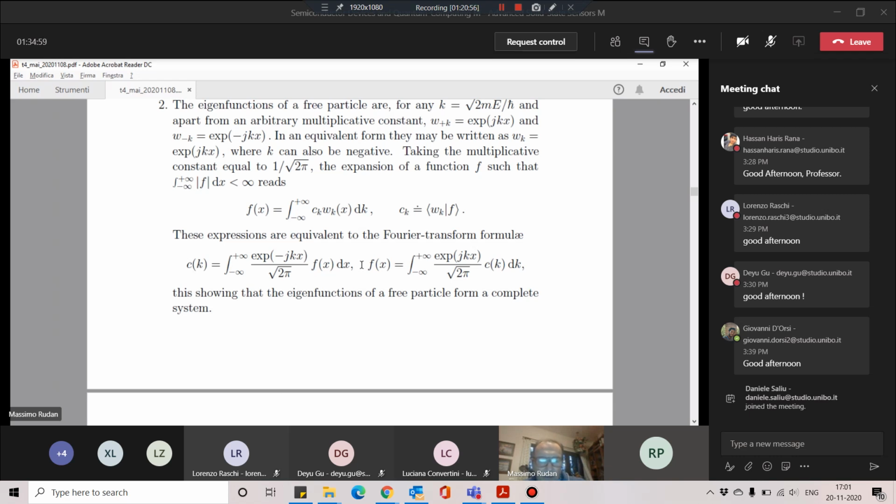So again, we don't have the sum anymore, we have an integral, but that is another example of completeness of a set of functions, and these functions are the eigenfunctions of the Hamiltonian.